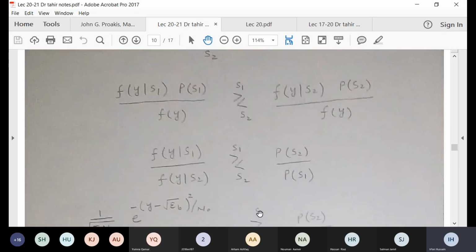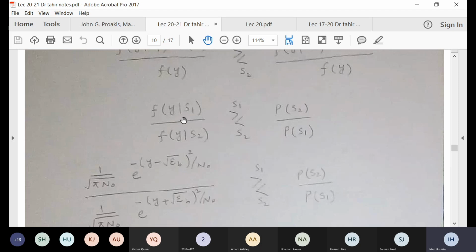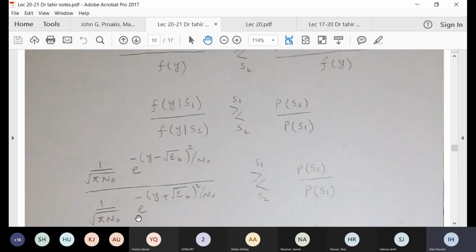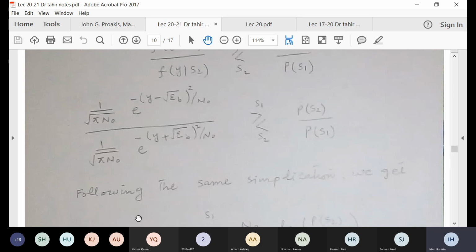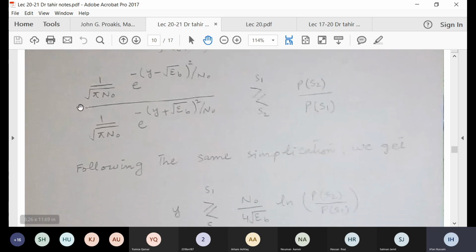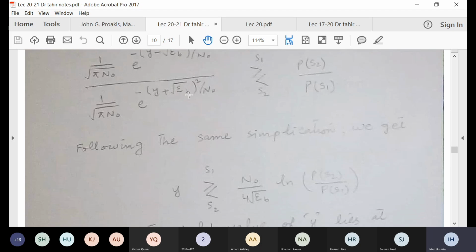Again you can do manipulations here. Then y given S1, y given S2, again you can put these values, and again this will cancel, square terms will cancel, and again you will get that 2ab outside, and you can then put your 2ab here along with other terms.